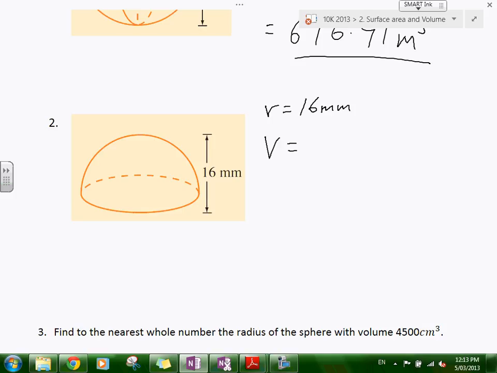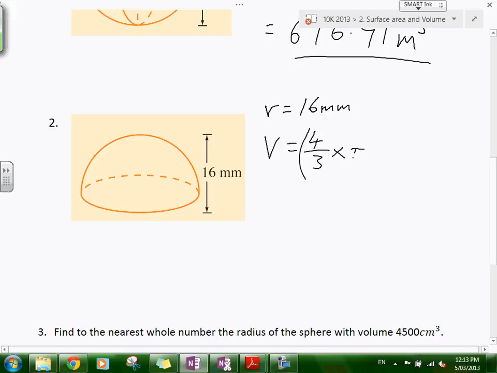So if we use this radius, we have 4 over 3, I'll put it in brackets, times pi times 16 cubed divided by 2, which is how we find the volume of the hemisphere. Okay, can you find this one, please?